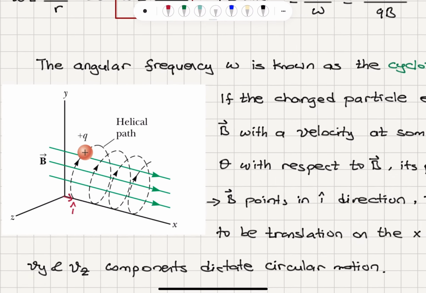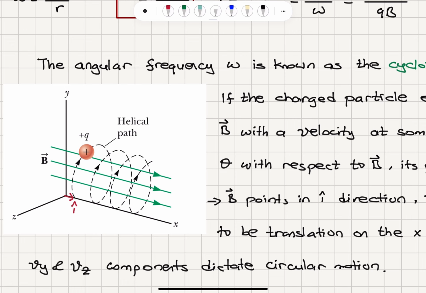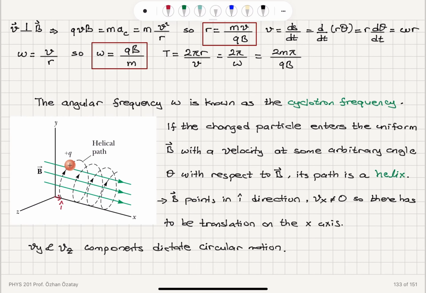So as a result of this, if the velocity vector makes an angle with respect to the magnetic field, we form this helical path. So the trajectory onto the YZ plane is a uniform circular motion, but in the i-hat direction here, for example, we have translation. So this is going to be a helix.